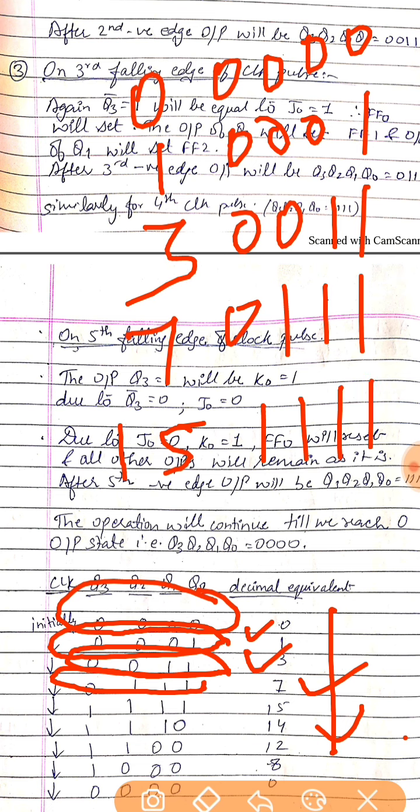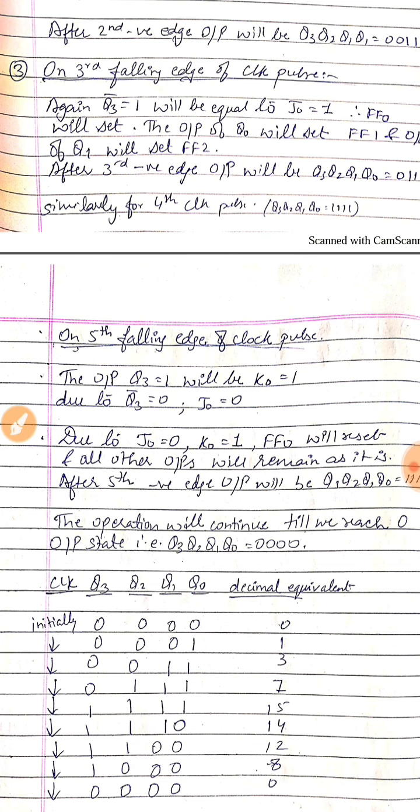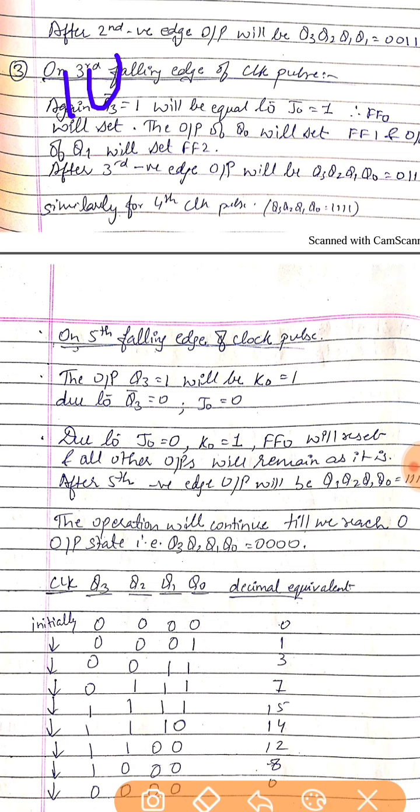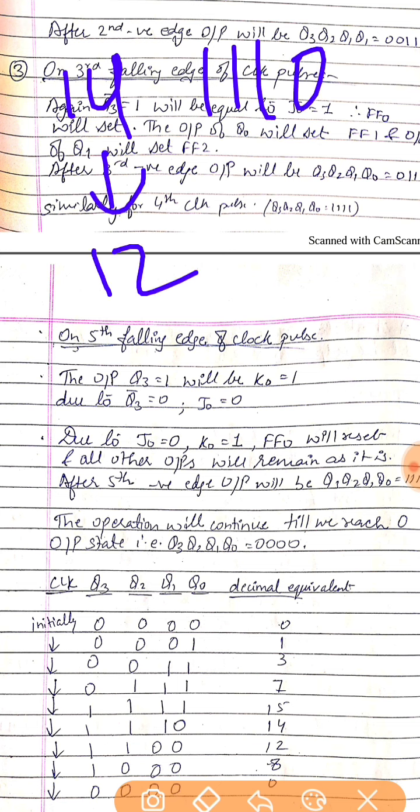On the next stage it will become 14, that is 1 1 1 0. Okay, now if we continue, after 14, which is 1 1 1 0, it will become 12, that is 1 1 0 0.